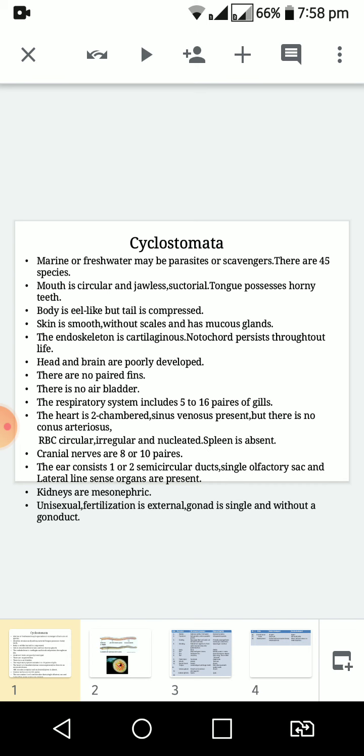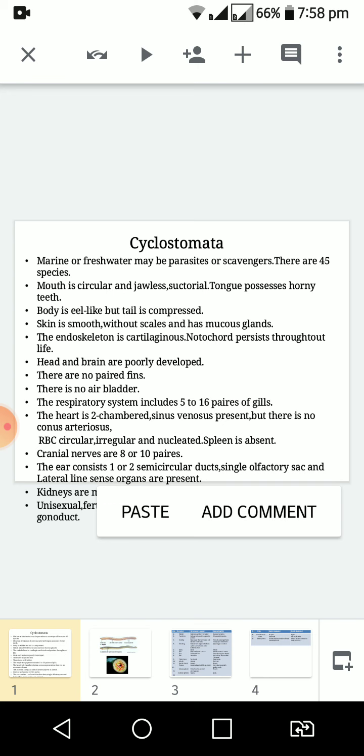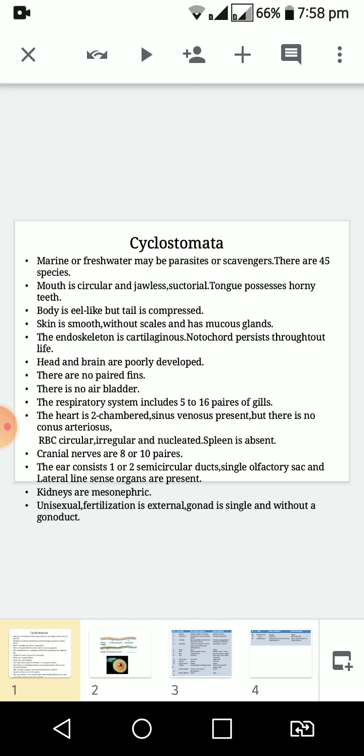A few of them may be parasites or scavengers. There are different types of animals included in Cyclostomata, about 45 species.